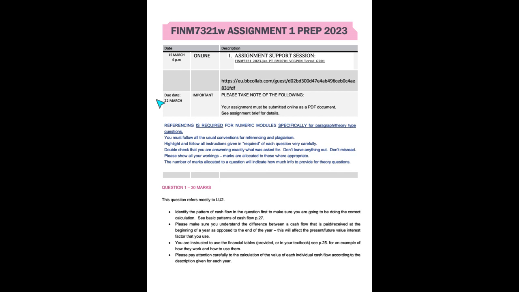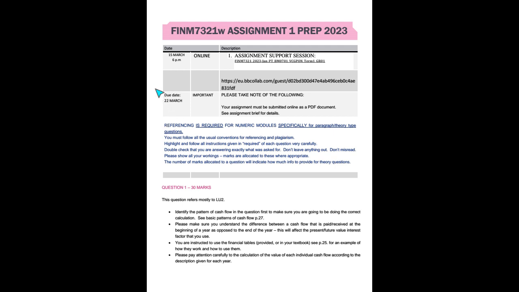Where it comes to these numeric assignments, you don't have to reference calculations, because obviously that would be extremely difficult. You've got a whole long calculation. So how do you go about in-text referencing a calculation? Obviously, it's impossible.